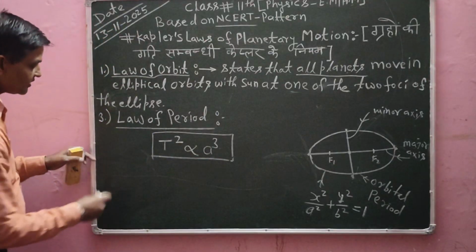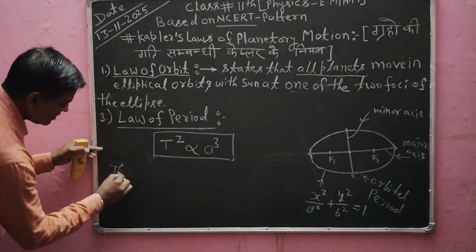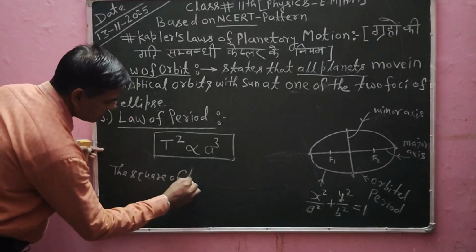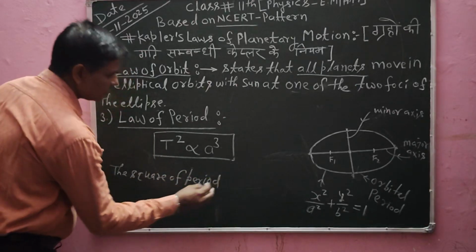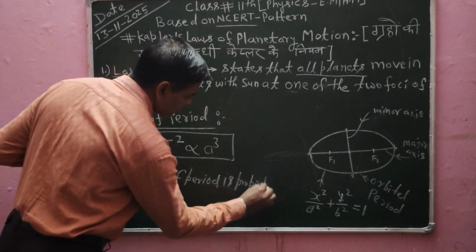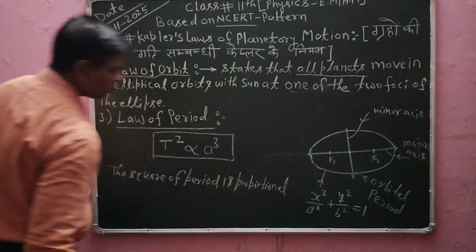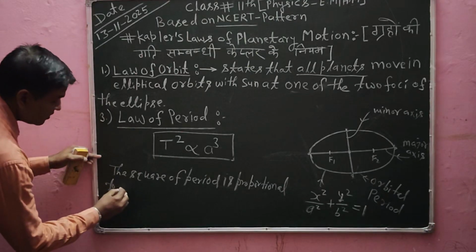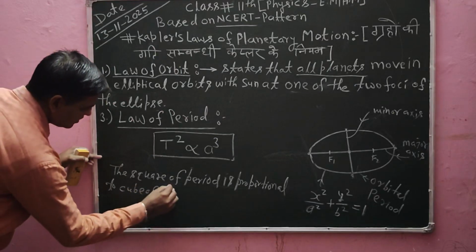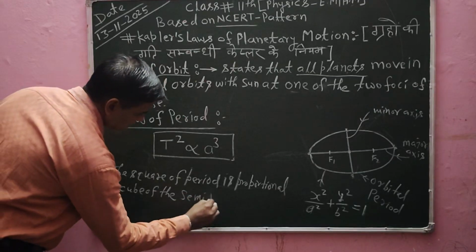I can write that the square of the period is proportional to the cube of the semi-major axis.